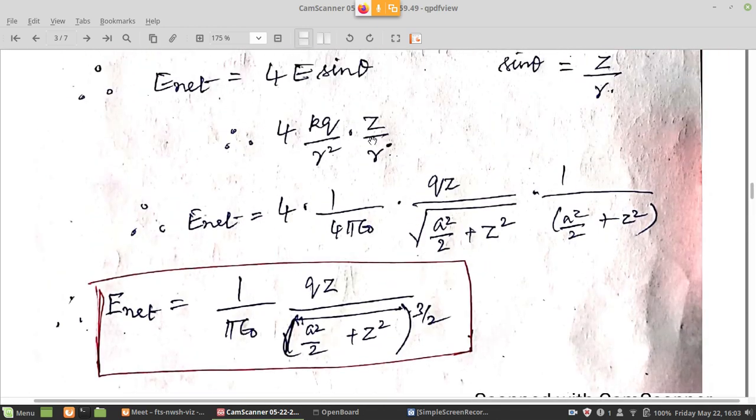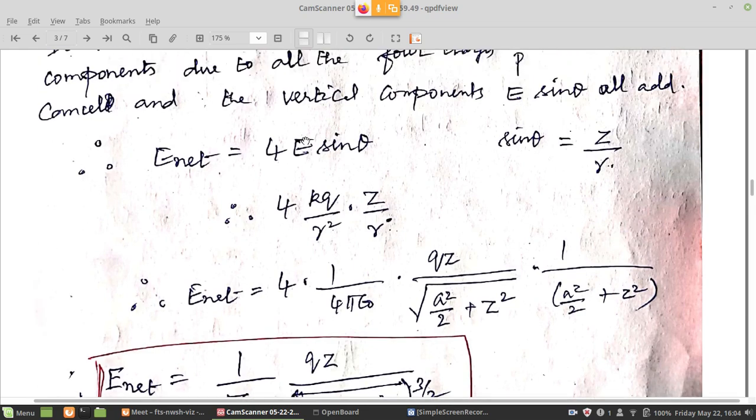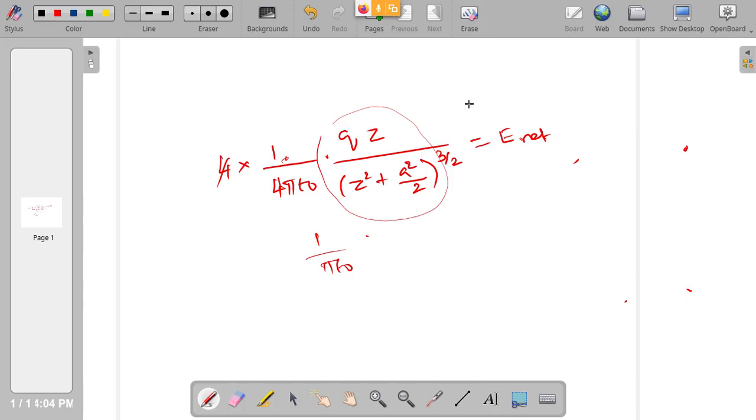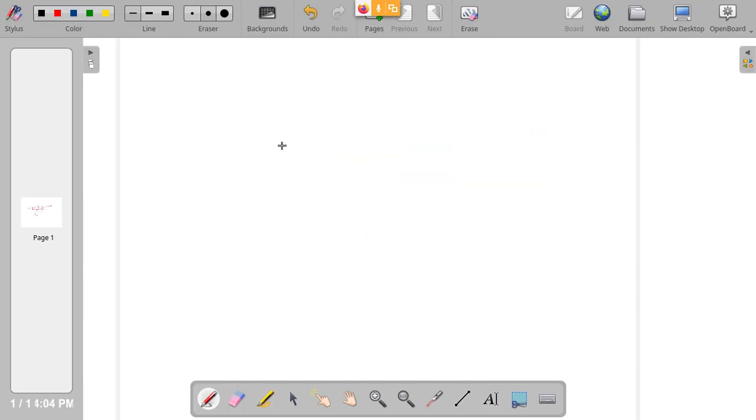Hope you are all able to get this, how we arrived at the 4E sin theta part. Hope you are able to see the cos theta horizontal component is cancelling for all the 4 charges. Sin theta is remaining, vertical. Only vertical components will add. Horizontal components are cancelling because the electric fields are like 4 arrows pointing at one point, one from each charge.